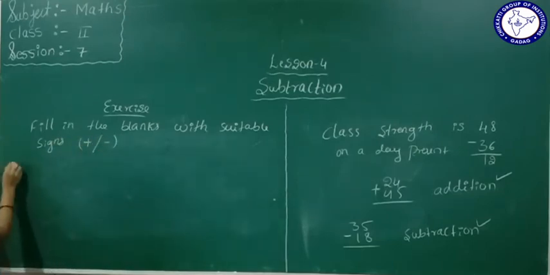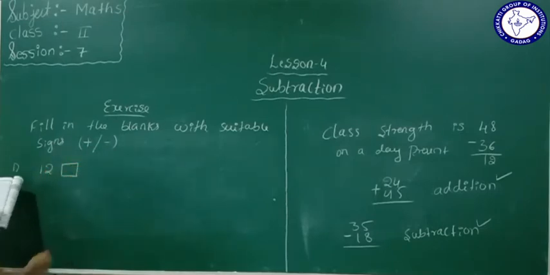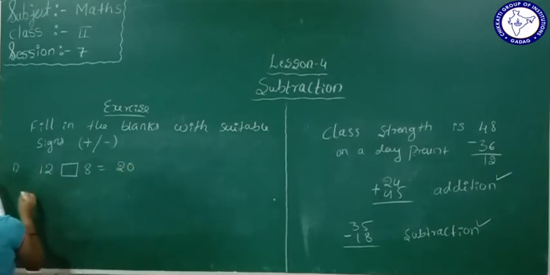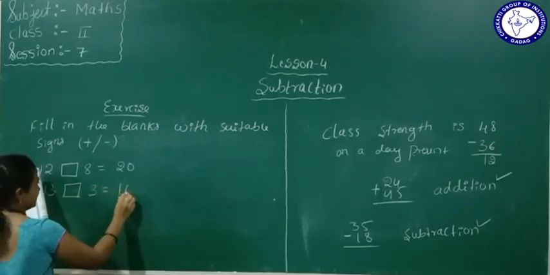The first one: 12, a box, 8 is equal to 20. The second one: 13, an empty box, 3, and the answer is also given.